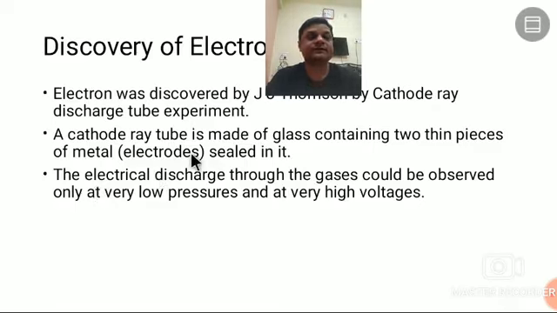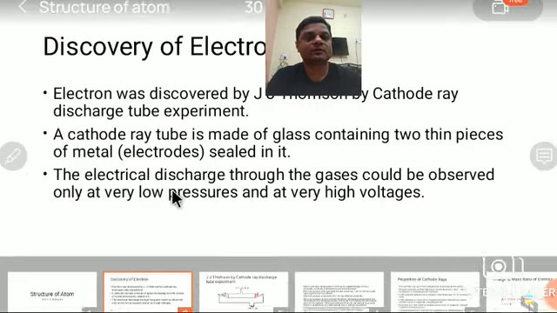It is made using a glass tube containing two pieces of metal, electrodes, in it. The electrical discharge through gases could be observed only at a very low pressure.